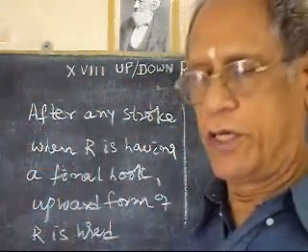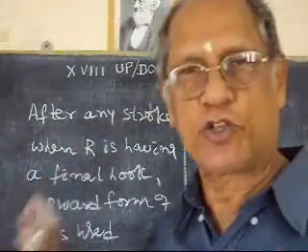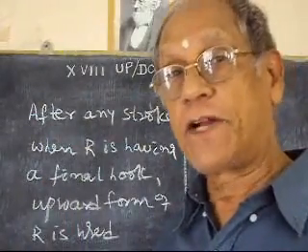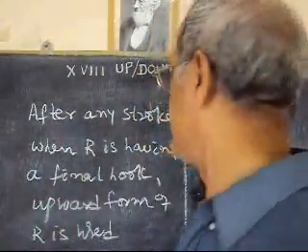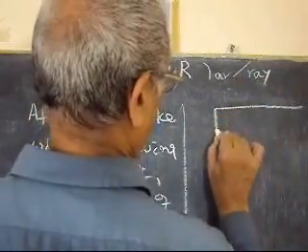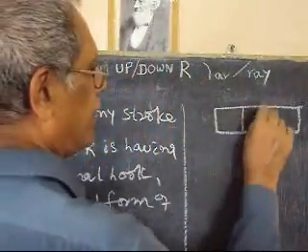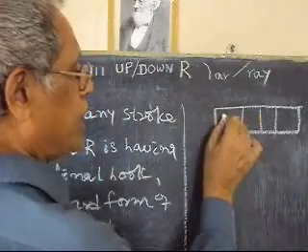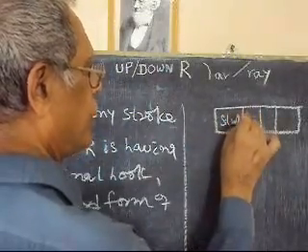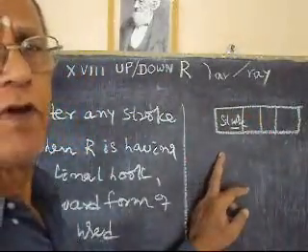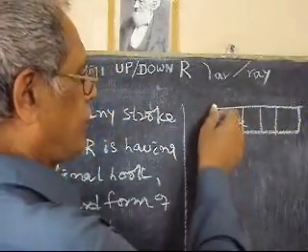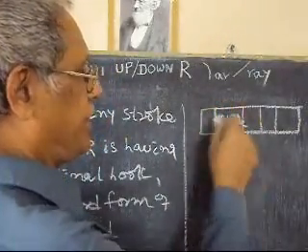After any stroke, that means there must be a stroke consonant. After that, R must come. So here, there must be one stroke. Whether initial or final, that is a different thing.